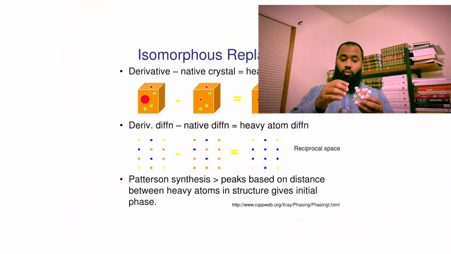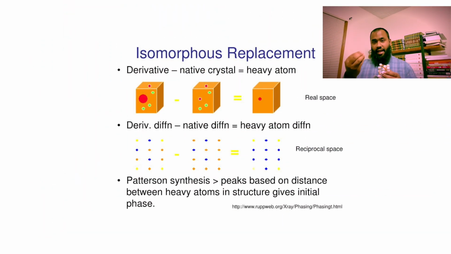Now, scientists have devised many ways to get a solution for the phasing problem. There are multiple ways, and I'm going to talk about one, which is known as isomorphous substitution. Scientists replace one of the atoms with a heavy atom.